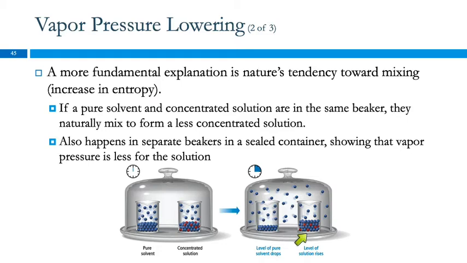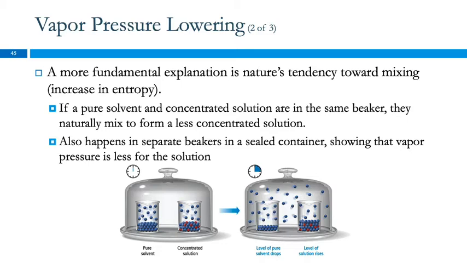You come back later, and the level of liquid in the salty water beaker has gone up, and the level of water in the pure water beaker has gone down. The water has moved through the air from one beaker to another. Why? Entropy.